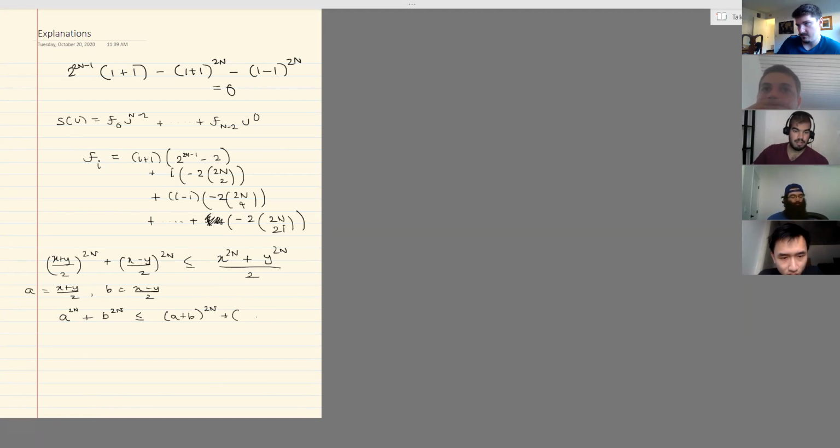And then you just expand, and the a to the 2n and b to the 2n cancel out on both sides, and the other terms left are all squares, all positive squares, with positive coefficients.